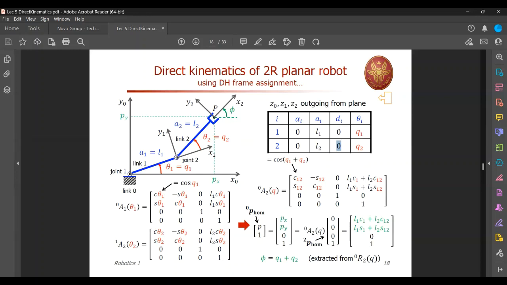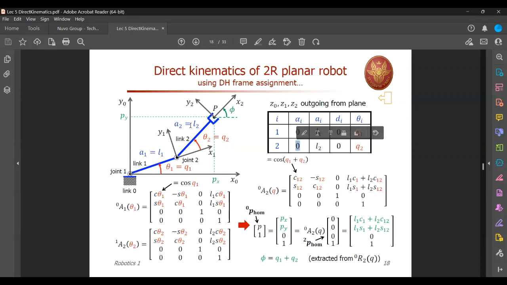And then the length, Z1 to Z2. This is Z1 over here, Z1 to Z2. The distance is L2. And at the end, the Z1 to Z2 angle is again 0 because these two axes are parallel. There's no twist.